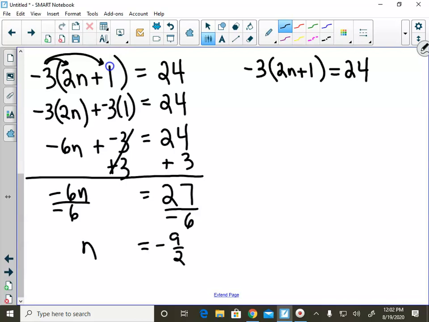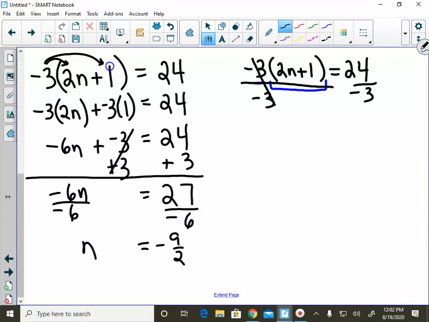So the other way that you solve this problem is you can see that I'm multiplying my negative 3 times something. So I want to treat that something as though it's its own variable. So I'm going to say it's negative 3 times blob. And in order to undo multiplying negative 3 times blob, I would divide both sides by negative 3.